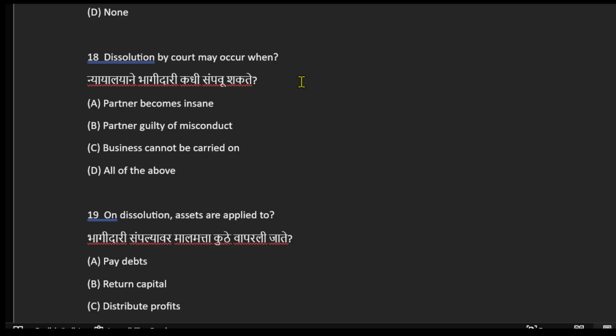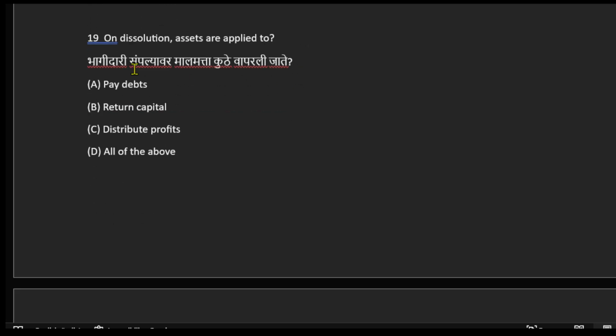Dissolution by court may occur when partner becomes insane, partner guilty of misconduct, business cannot be carried on. All of the above option is correct. 19. On dissolution, assets are applied to pay debts.